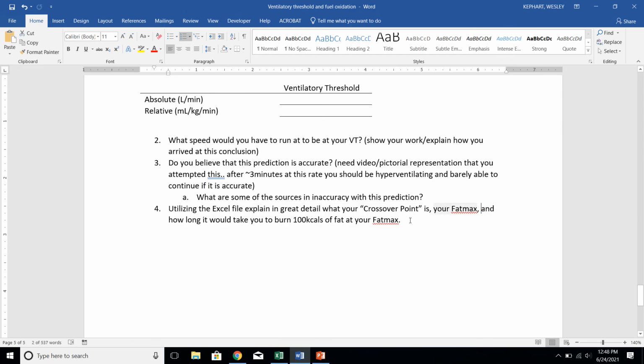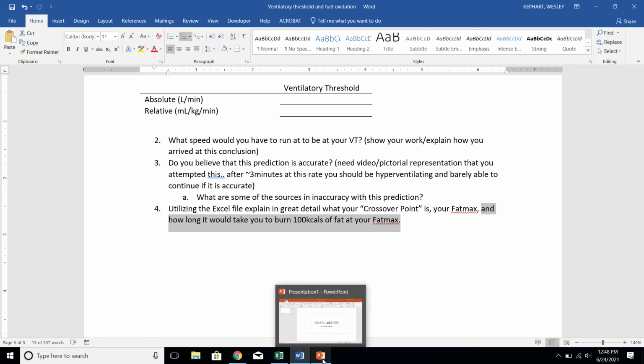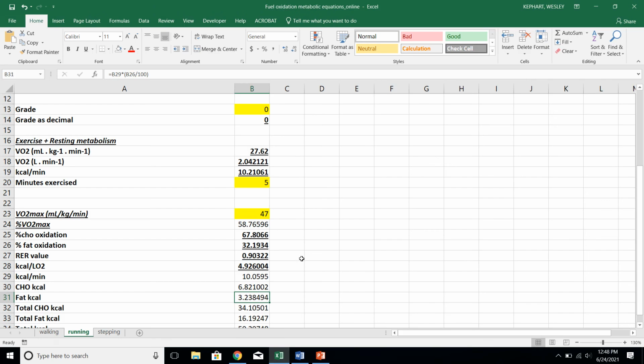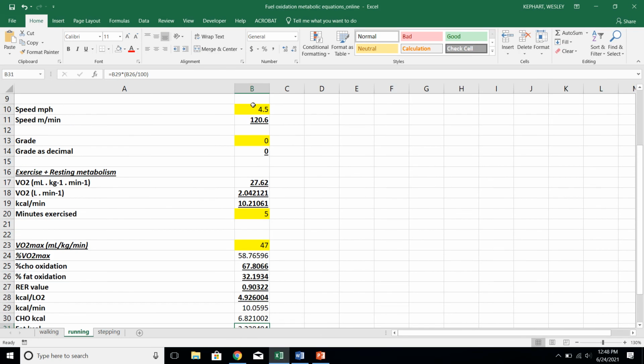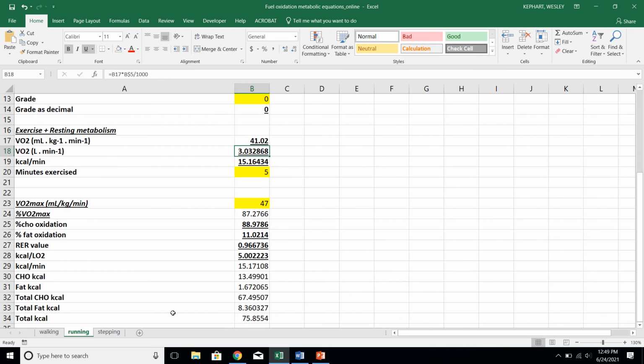And then this one, and you can explain this any which way that you want to. How long would it take you to burn 100 calories of fat? So I'll show you how to do that one really quick. Let's say that I'm going at 7 miles per hour, and I'm looking down right here, total fat kcal.